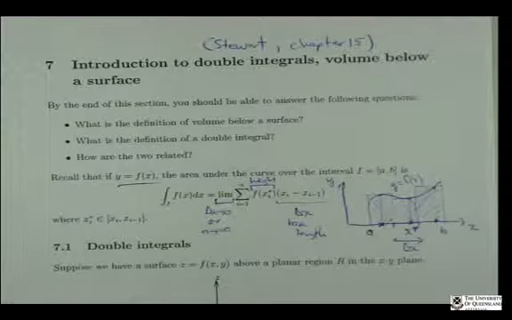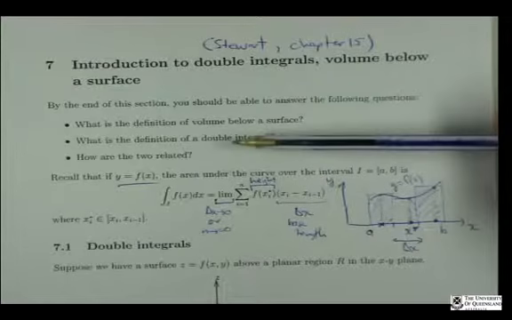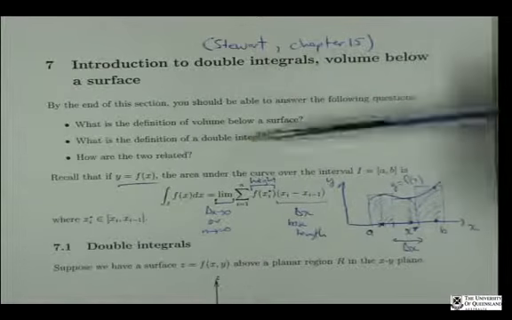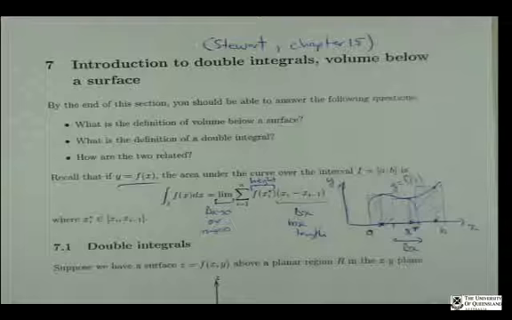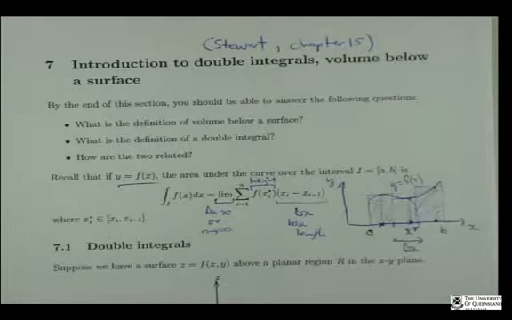Essentially what we're going to be doing is defining the notion of double integral in the context of volume below a surface. In the same way, we define definite integral in terms of area below a curve. And so we'll talk about the relationship of these two concepts.